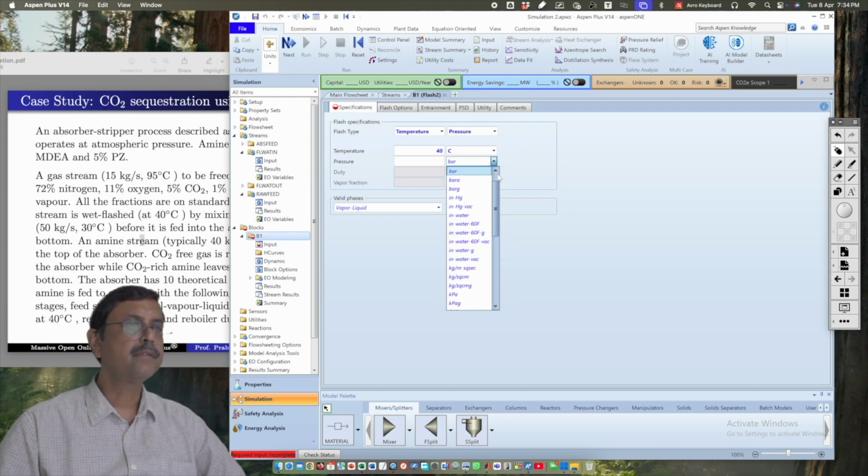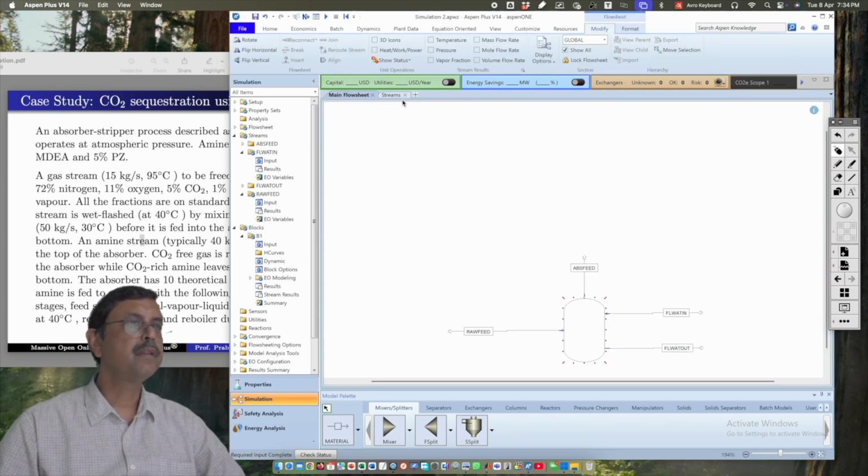The pressure is 1 atmosphere again. Okay, so this is very simple. You can just run it. Okay, so the results are available, nothing to worry about at this stage.